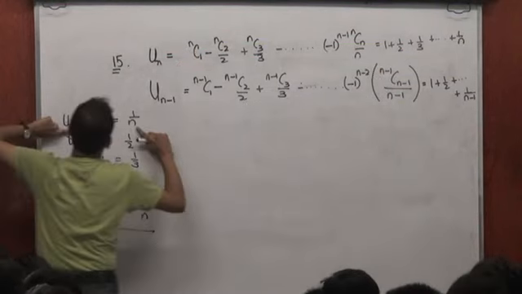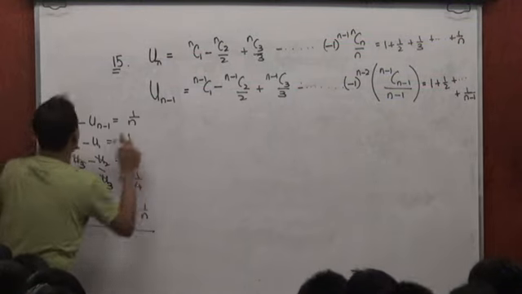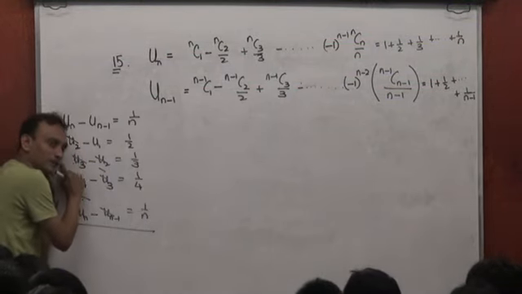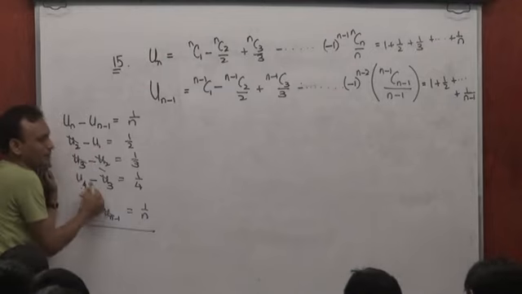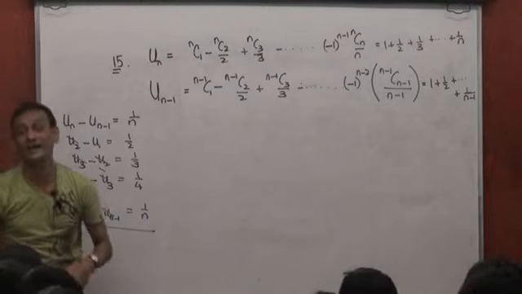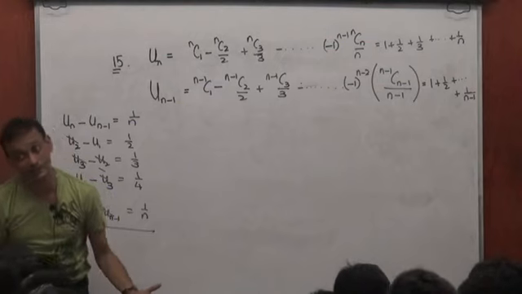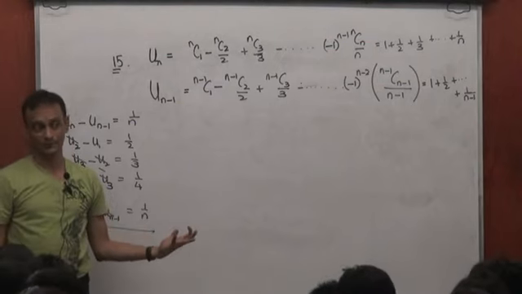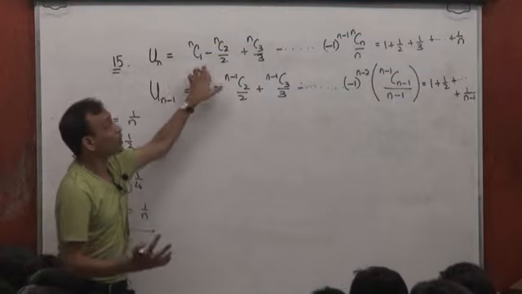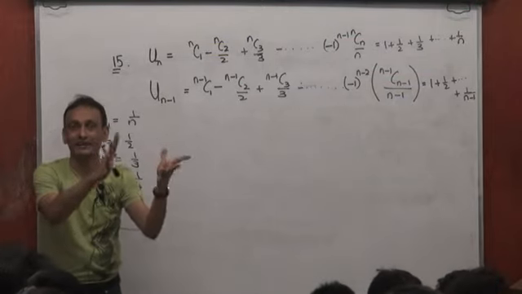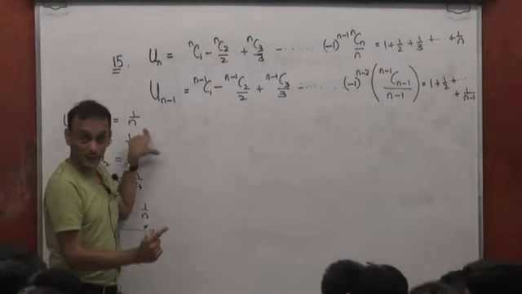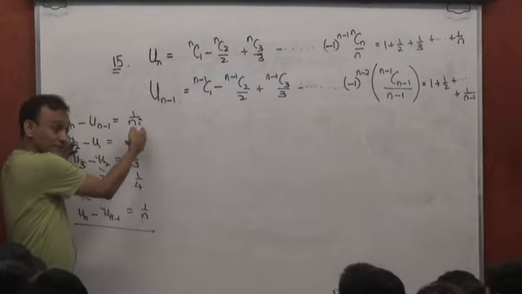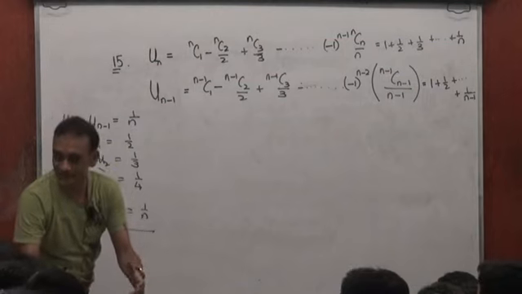And then if I can show that un minus un minus 1 is 1 by n, then by plugging in n equal to 1, 2, 3, 4, etc., I can get a telescopic cancellation and I'll be able to obtain un. Yes or no? So this problem has been redefined. This is my equivalent problem. If I do this, then it'll be good for us. Yes or no?